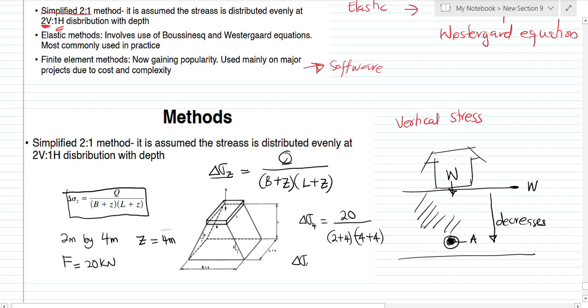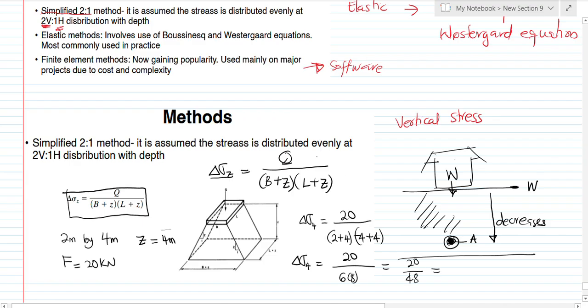Now, if you look at this very carefully, we are going to get 20 over 6 times 8. So 6 times 8 is 48. So 20 over 48.